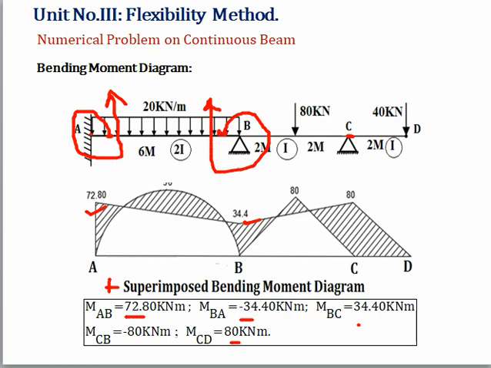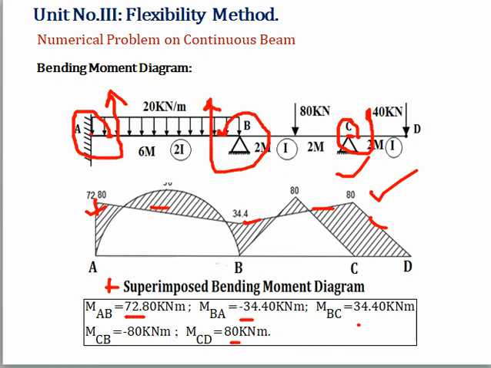So positive, so you rotate about C for the CD span in an anti-clockwise sense, and it comes up. Or as it is a cantilever portion, tension is up, so show 80 kilonewton meter. So after showing all the moments, draw this end moment diagram.